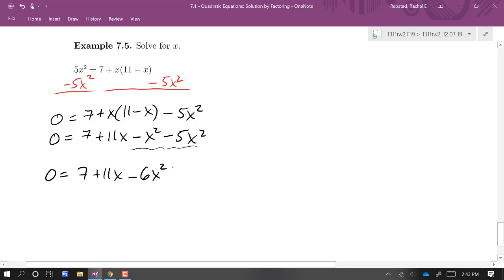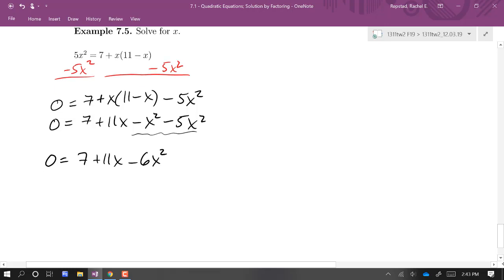Now, whenever I'm thinking about factoring a trinomial, I get really mixed up if my x squared term isn't positive. It's just the habit that I'm in. And it's set equal to 0, so I can make that a positive 6x squared easily, just multiply both sides by negative 1.